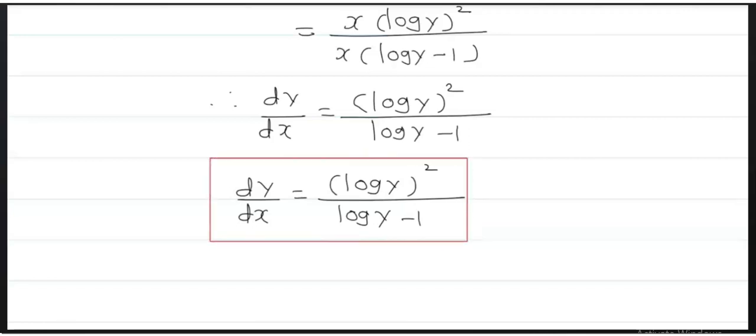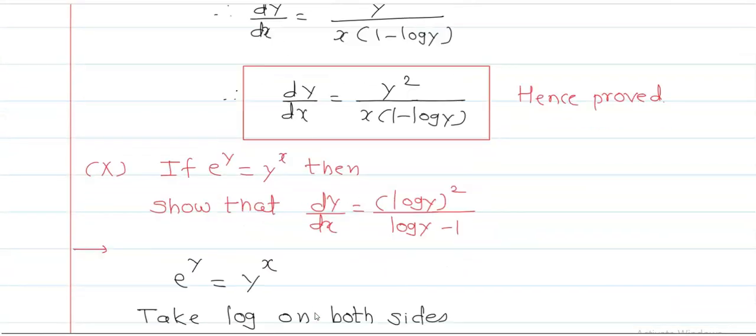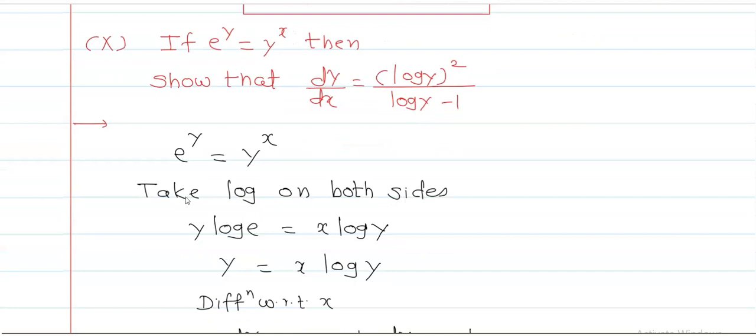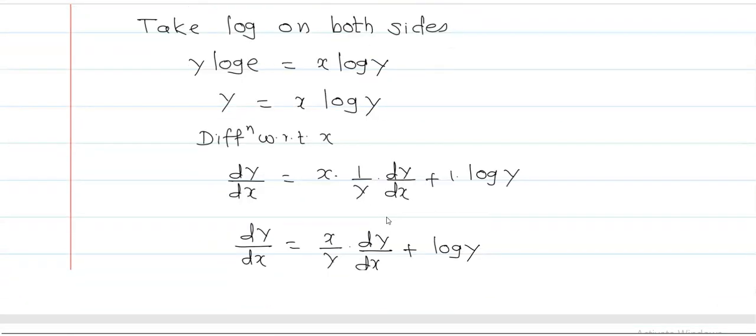Now see this again. This is the important one. If e raised to y is equal to y raised to x, take log on both sides. Y log e is equal to x log y.